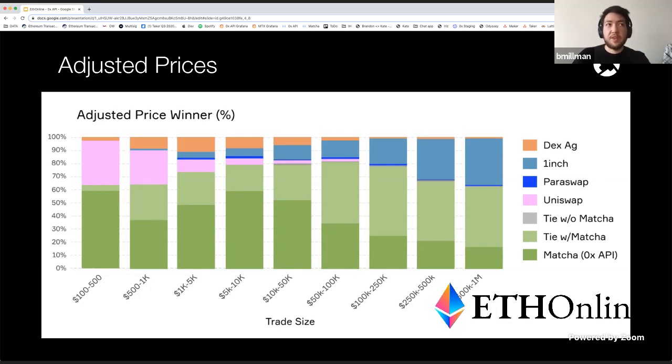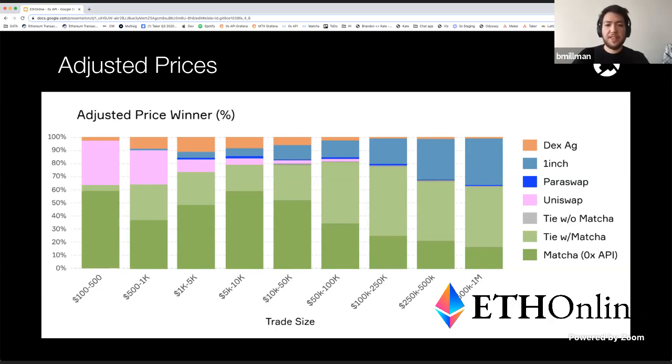And just a little bit about the methodology that we use to produce these results. So these results were actually produced using comprehensive simulations across the most popular assets and most popular trade sizes up to $1 million trades, which we actually see quite often made by users in Matcha. Actually, I've seen someone trade $10 million at once through Matcha, which is just insane.